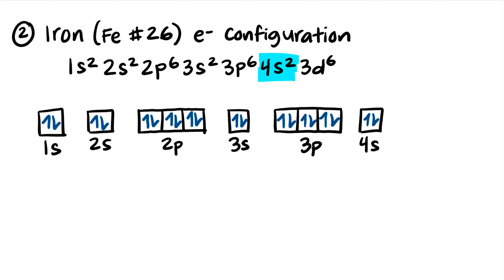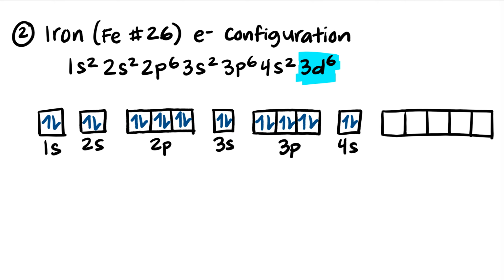Then finally, I reach the last sublevel in our electron configuration, and that's 3d. Recall, d gets 5 connected boxes. Five boxes for 3d, and looking at the exponent on 3d inside of our electron configuration, it's 6.